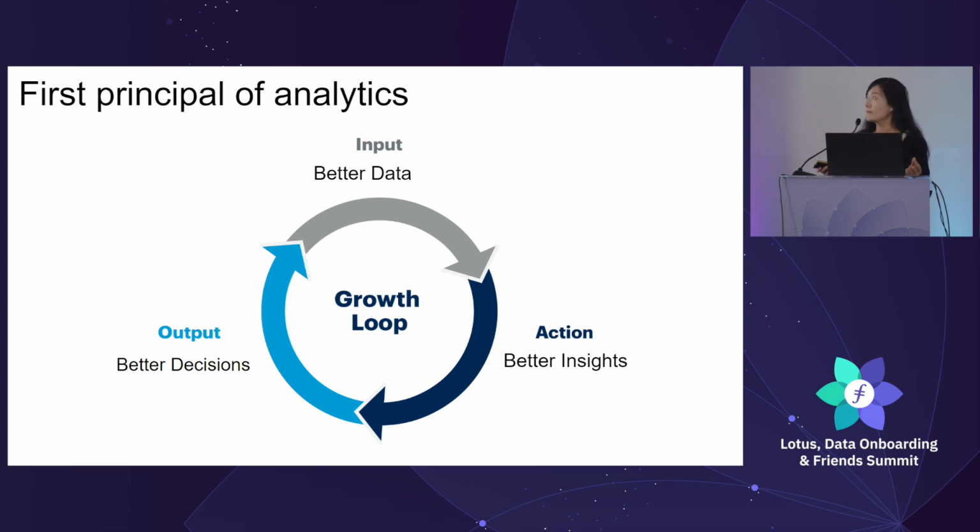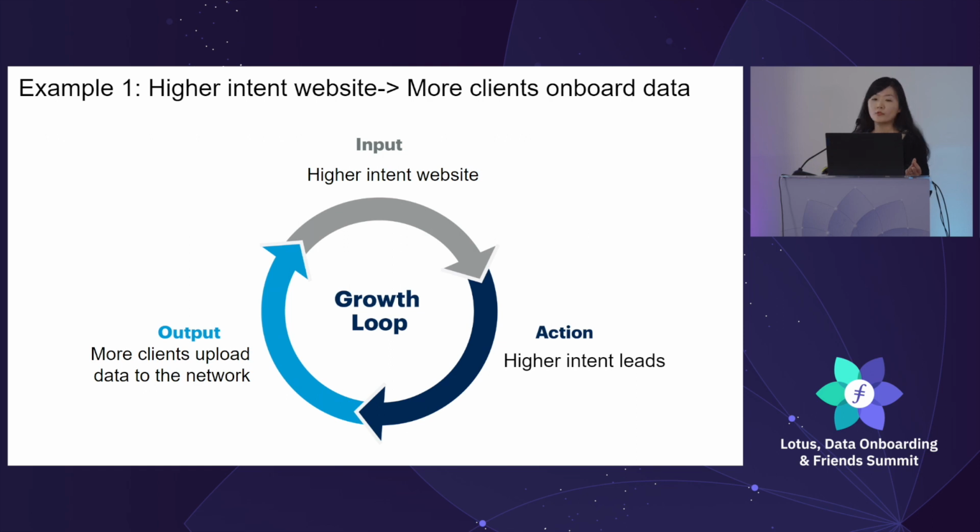I want to put this principle into practice by showing you two examples related to the recent project I'm working on. The first example is: how do we leverage a higher intent website to onboard more clients? As you can see, this is the growth loop.